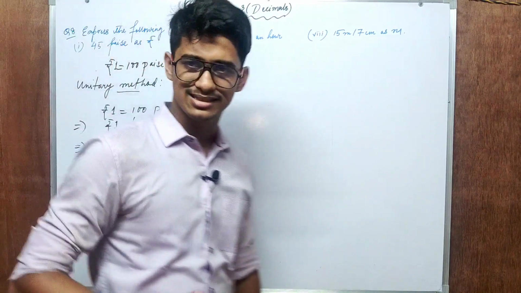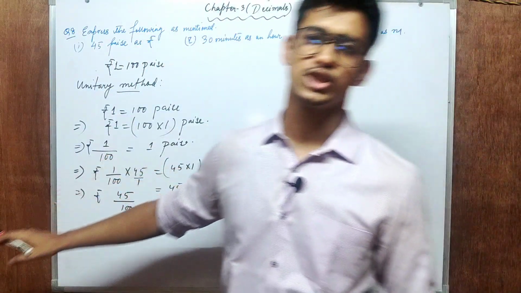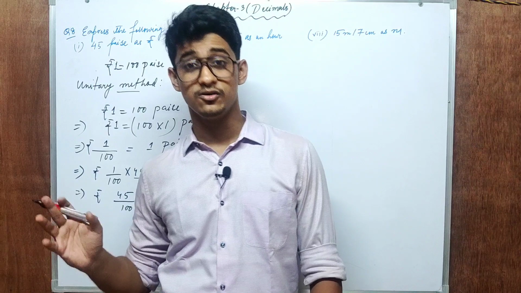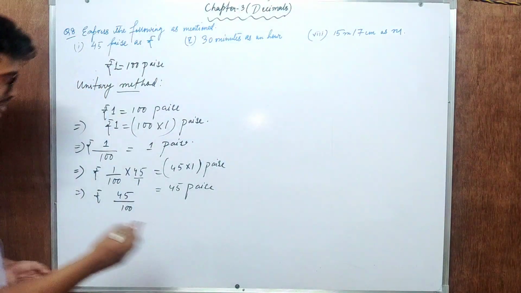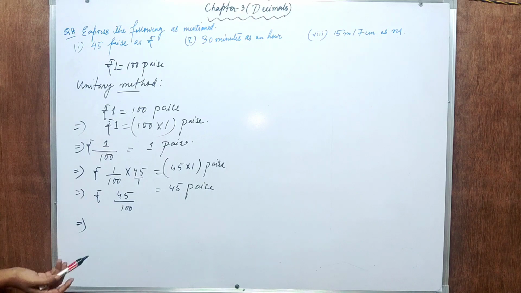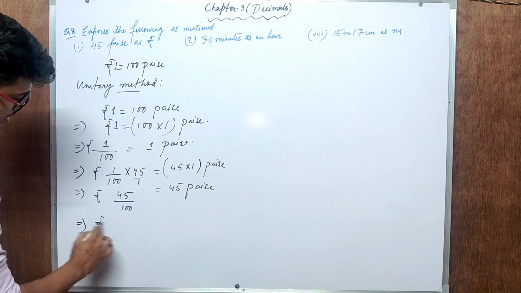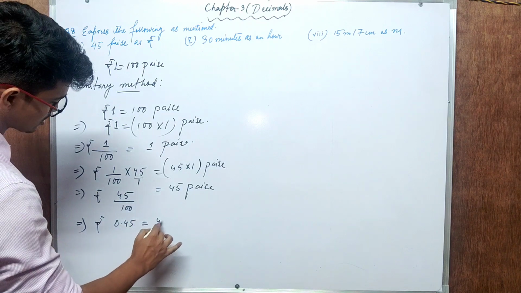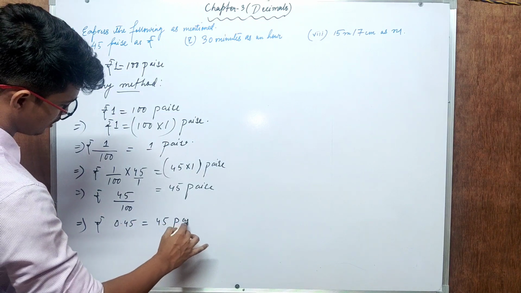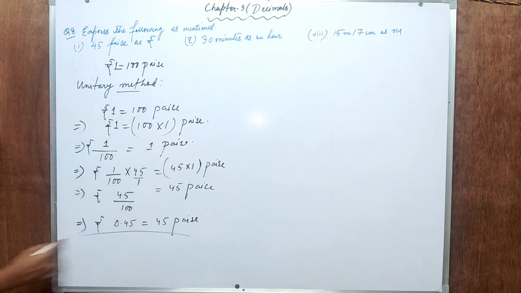Now this is the fractional part. If I want to convert the fractional part into a decimal, we know how to do that, right? In the previous examples also I have done this. So the answer will be 0.45.